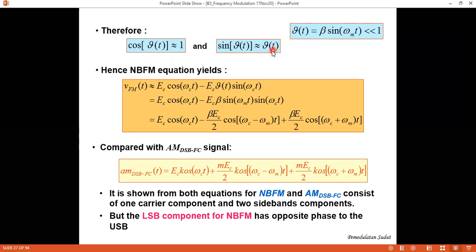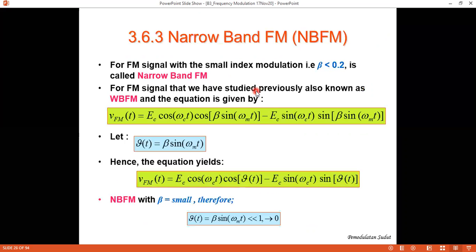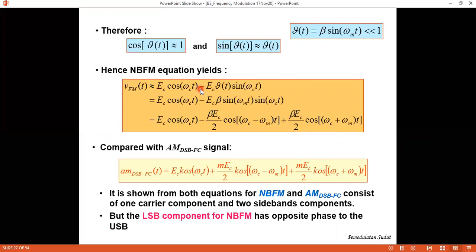So you substitute this inside the equation, then it becomes Ec cos omega c t, the cos theta t becomes 1, and minus Ec theta t sin omega c t. So then it becomes Ec cos omega c t minus Ec beta sin omega m t sin omega c t, since our theta t is equal to beta sin omega m t.